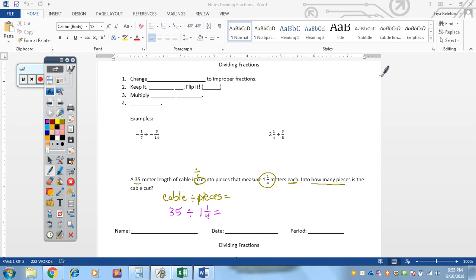So on scratch paper is where I'm going to have to do this because I just don't have enough room. So I have 35 divided by 1 1/4. Step 1 is to change everything to fractions. So that's 35 over 1 divided by, and if I Texas this, I get 5 over 4.